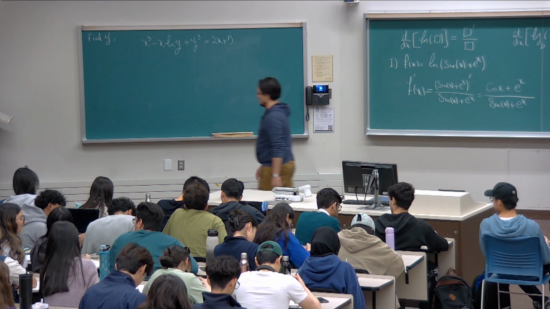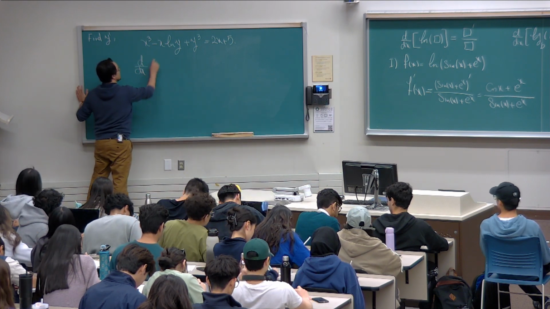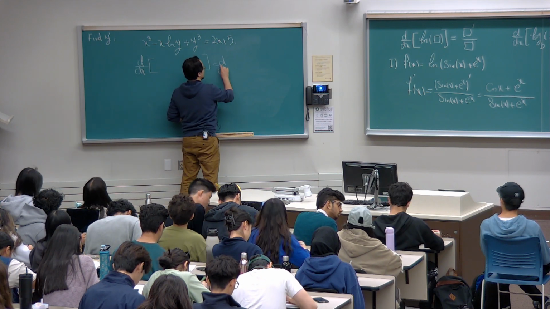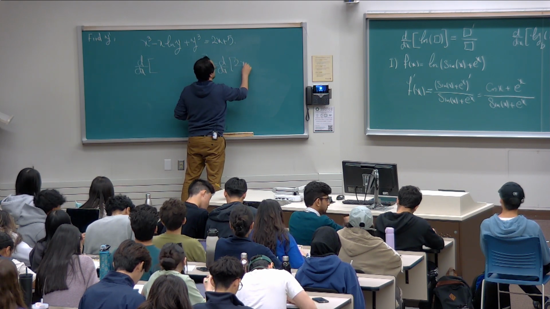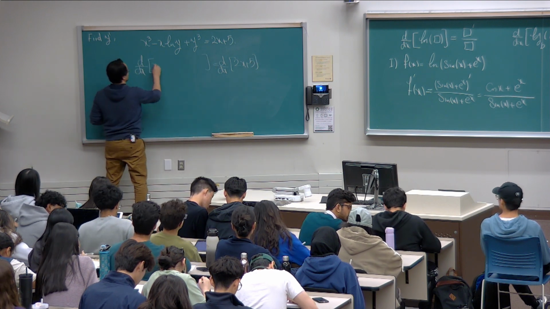Yeah, I don't see anything. Okay, implicit differentiation. Why implicit? Because I don't have an explicitly defined function. So I will differentiate the left-hand side, differentiate the right-hand side.